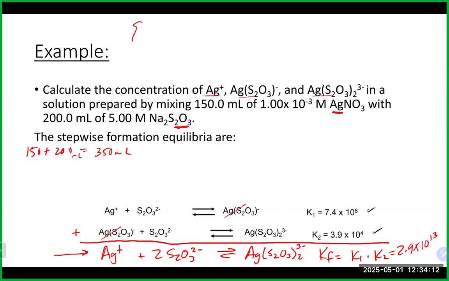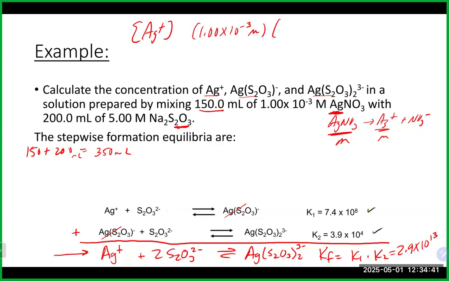For the concentration of silver, because silver nitrate breaks apart in a 1-to-1 relationship, the concentration of this will be the concentration of that. So we could just use the 1 times 10 to the minus 3 molar.